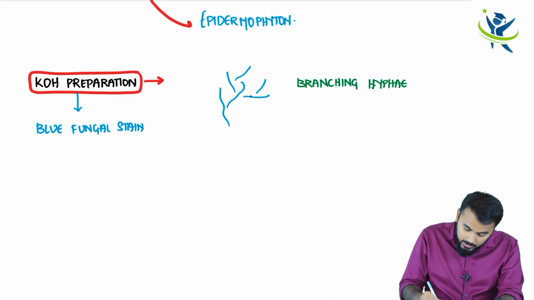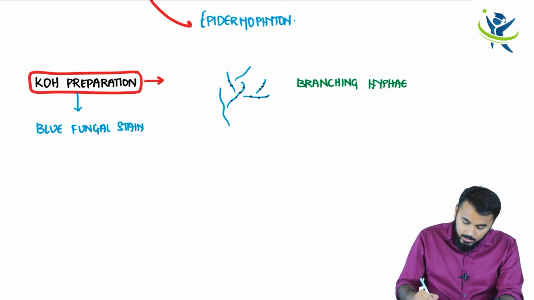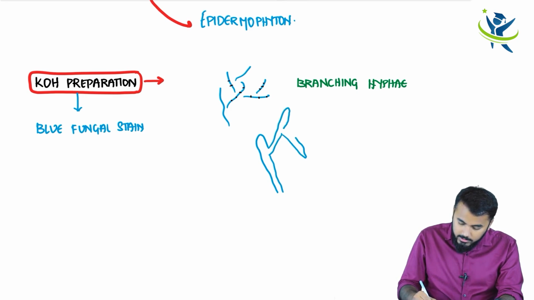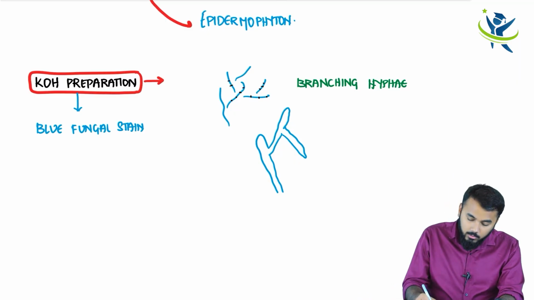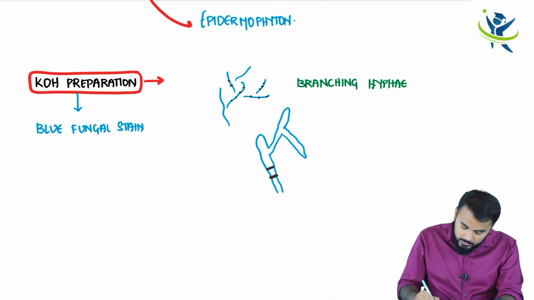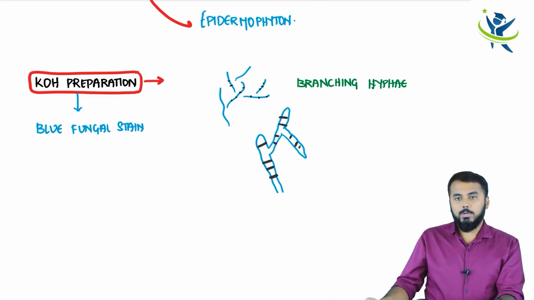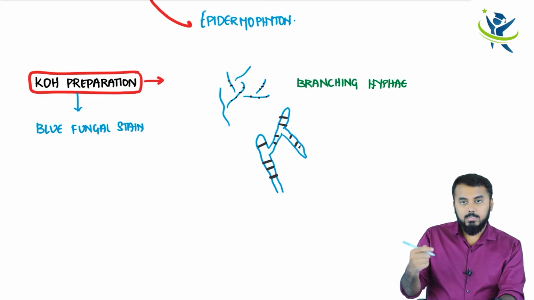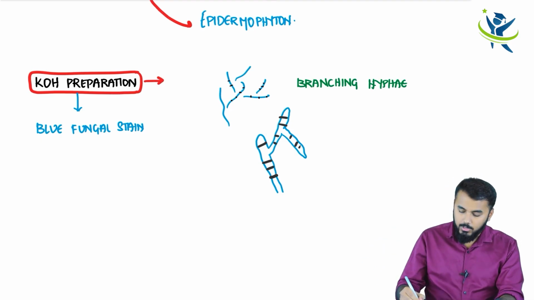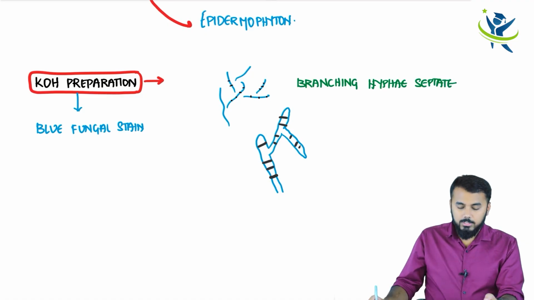Septate means there are septa in between, like a step ladder pattern. Why is it important? Because there are some fungi which are non-septate.